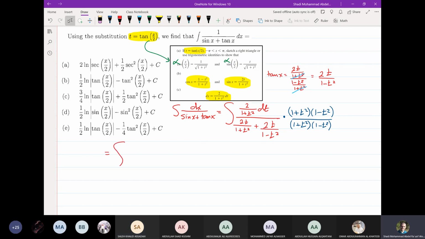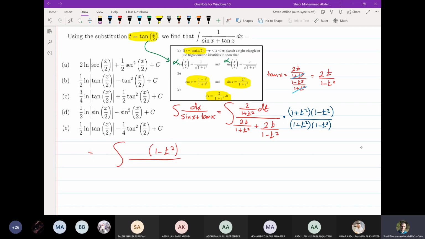So let's see here. This one will be simpler. 2 over 1 plus t square times this. So 1 plus t square simplifies with 1 plus t square, so you will have 2 times 1 minus t square. Doctor, you can't take 2 from the beginning because you have it. Yeah, we can. If you want, we can put this 2 outside, or keep it inside.